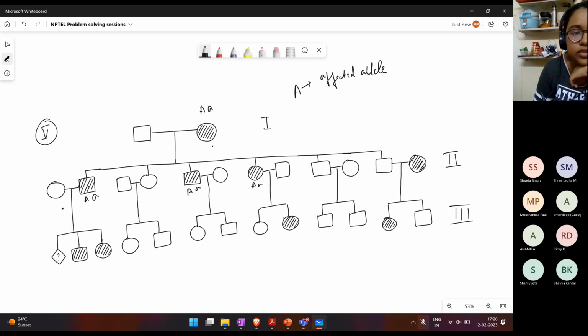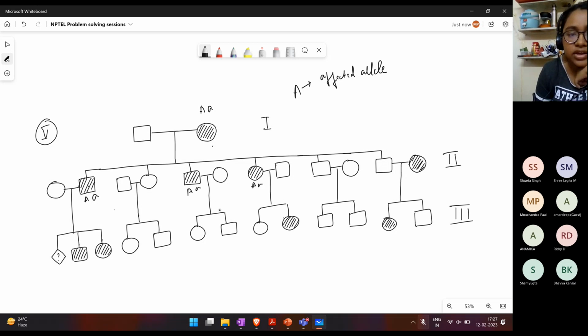Next, when we go to the second and third generation, we see that this guy married a girl, and two of their children are now affected. Again, both son and daughter are affected. So I'm guessing that this is again autosomal.